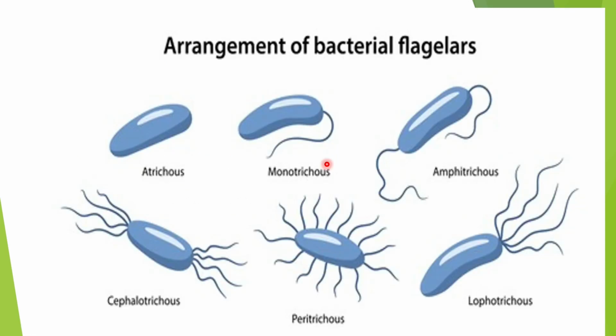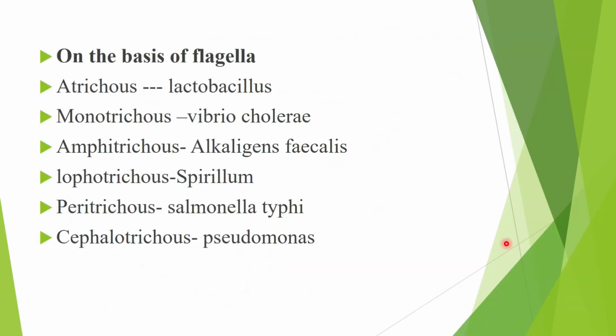Next is lophotrichous. Here we can see a tuft of flagella at one end, or one pole, of the bacteria. An example for lophotrichous is Spirillum.